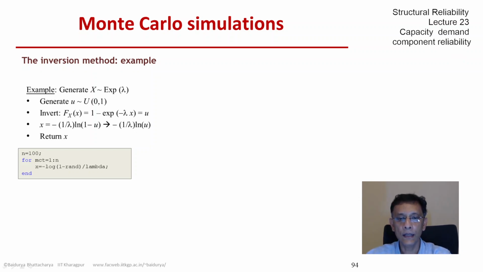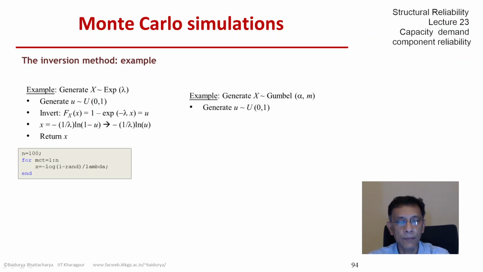Let's next look at how to generate Gumbel deviates. Let's say we have x, a Gumbel random variable defined by the two parameters alpha and m, and we need to sample deviates from that distribution. So same process, using inversion, we generate the uniform u, standard uniform, and then invert the CDF of the Gumbel at u.